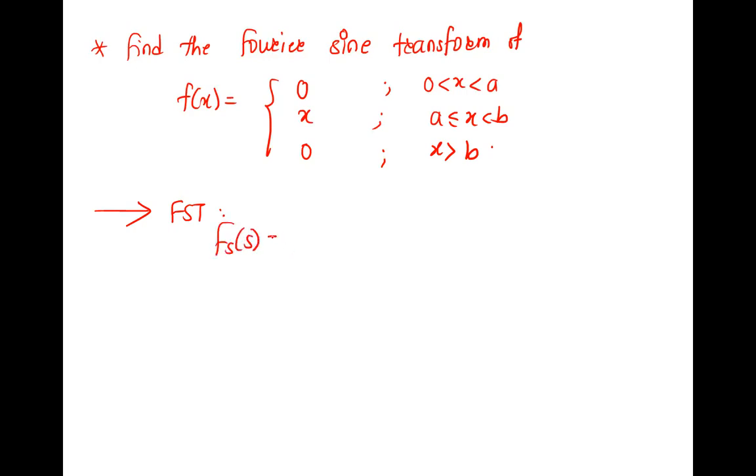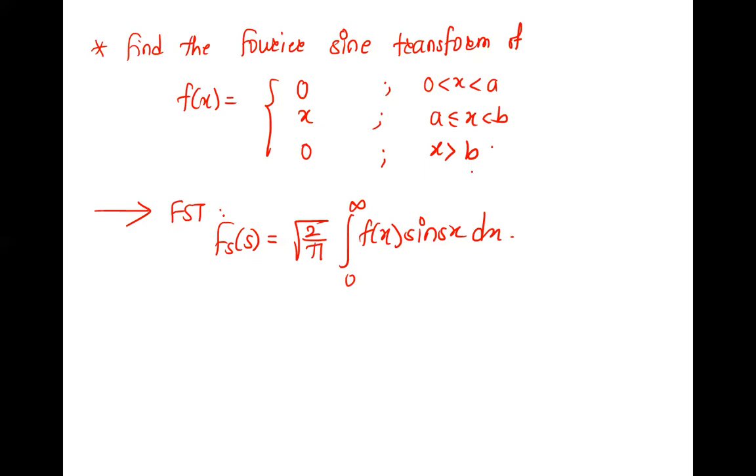F_s equals root 2 by pi, integral 0 to infinity f of x sin sx dx. You should always remember the definitions. They can directly be asked in MCQs. What is Fourier sine transform? So accordingly, you have to choose the correct definition.